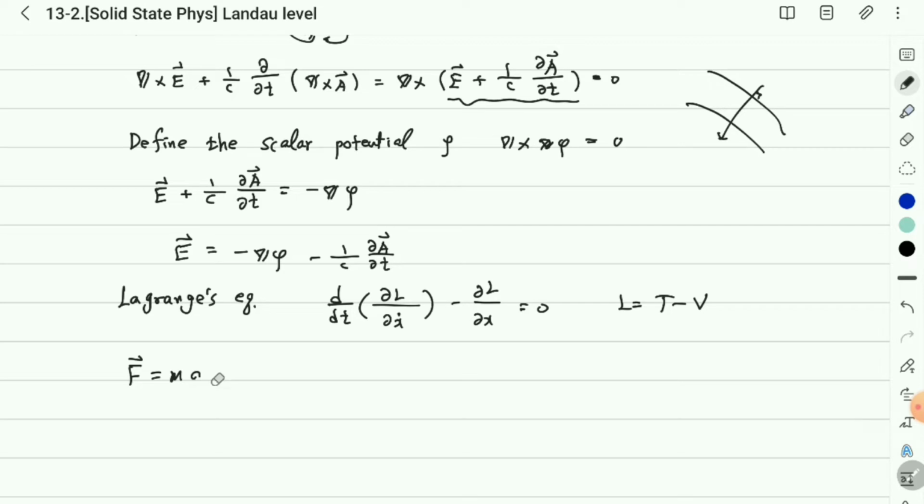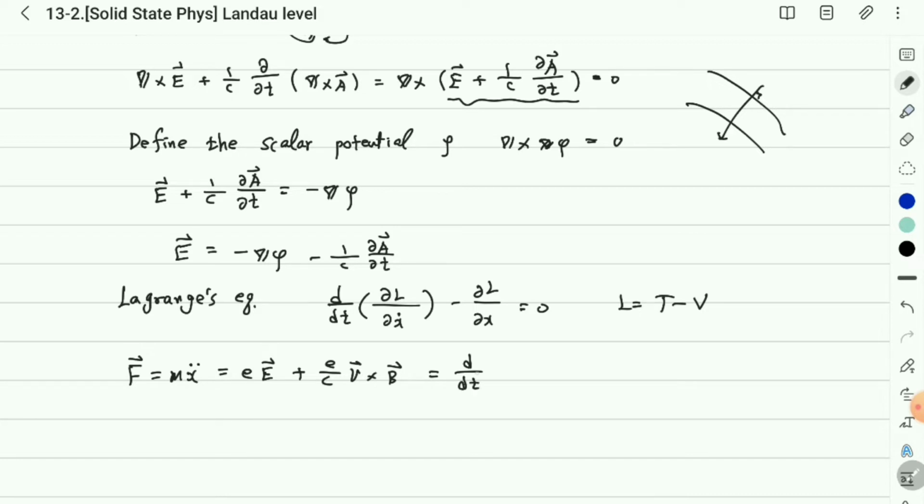Ma means that x2 dot is that it is a Lorentz force. It is a Lorentz force, and the force is the time derivative of momentum.